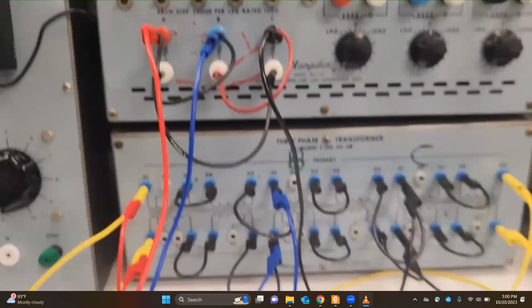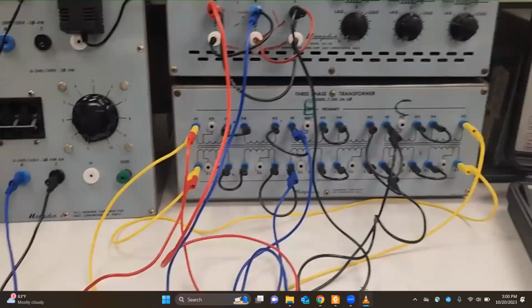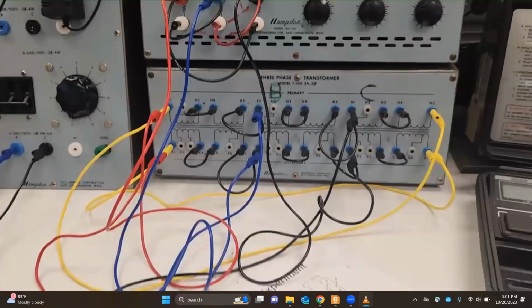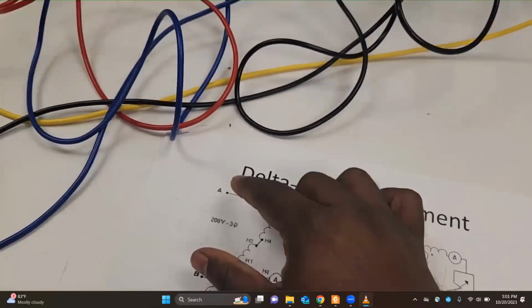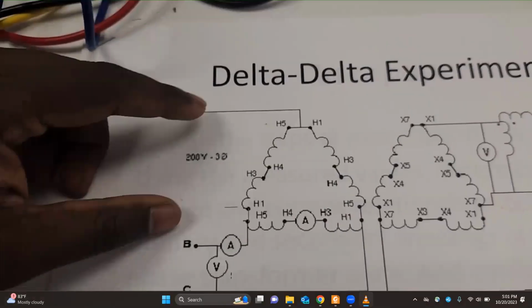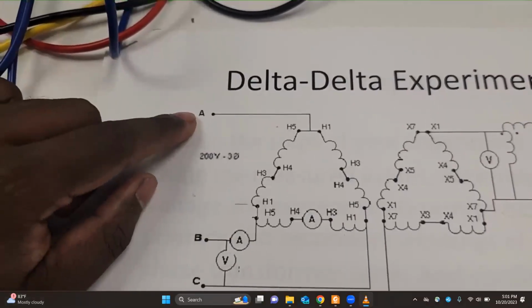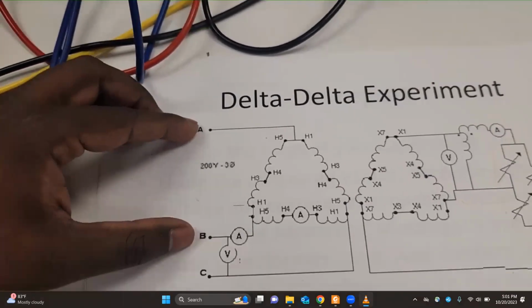Okay, so the connection is right, but with this arrangement I won't be able to measure anything. So we need to measure the voltage supplied for one of the phases. Since the supply is A, B, and C, I can measure one of the line to line.